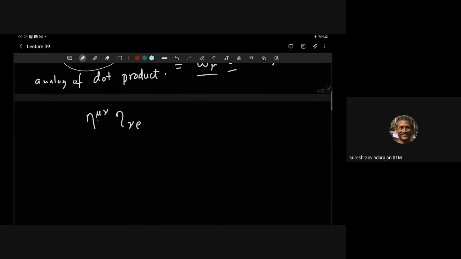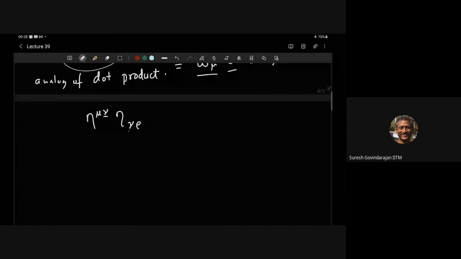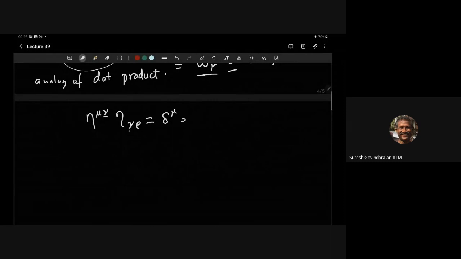This is the Kronecker delta. So this says that these are inverse matrices, but as matrices they're identical because it's a diagonal matrix with ones and minus ones. So eta will have these two possibilities.